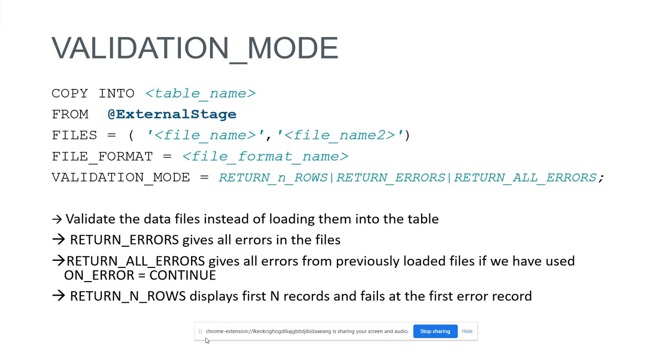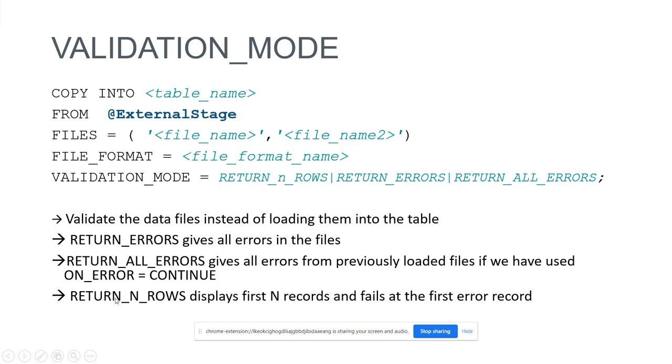Those errors also it will capture whenever we specify return all errors. Even though the files were loaded into the tables previously, there were some errors that we ignored by using on error equals continue. It will display all these errors as well along with the current errors. It will display all the previous errors also.